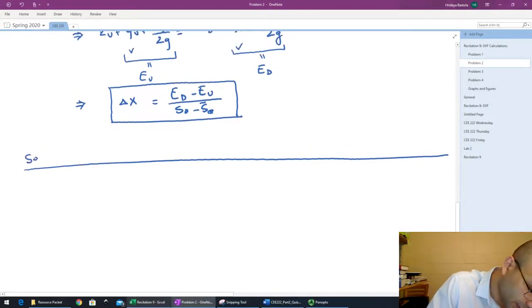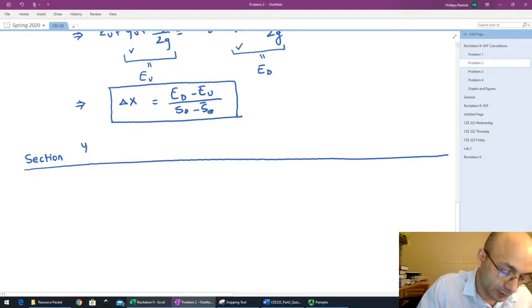So we start with section again. Y, and let me add the units, in this case feet.